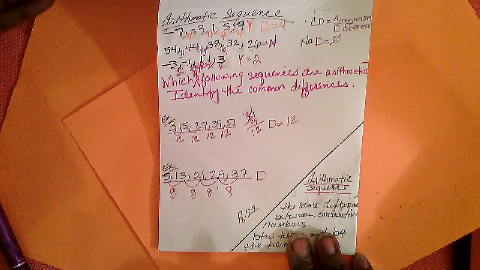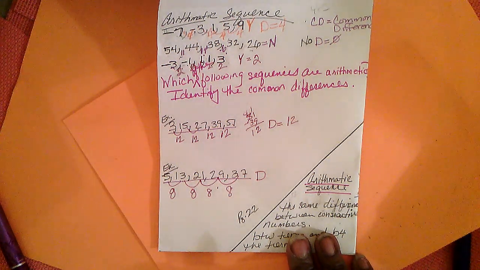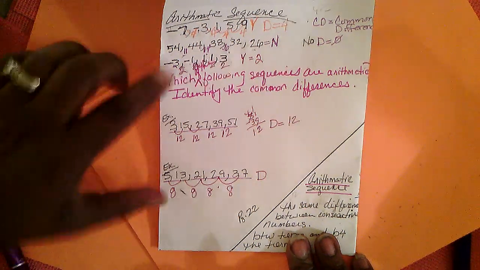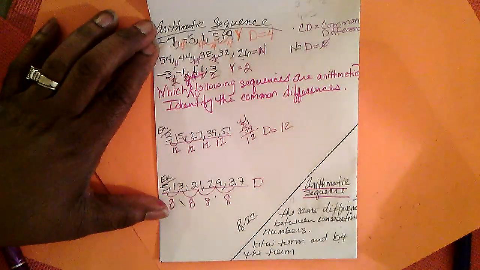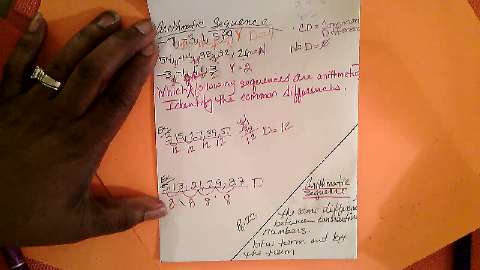What I did is I broke the steps up because there are a lot of different steps toward the end, and I want to make sure you have a clear understanding of how this works. Either you have an arithmetic sequence, which is a consistent difference between the number before it and the number after it, or you do not.